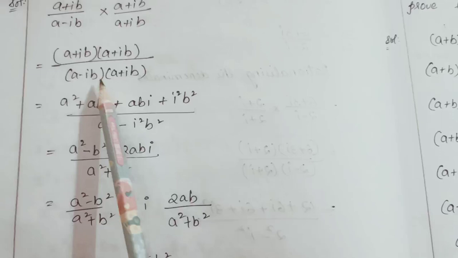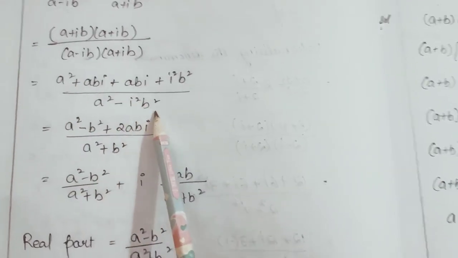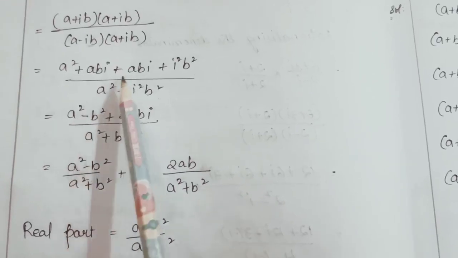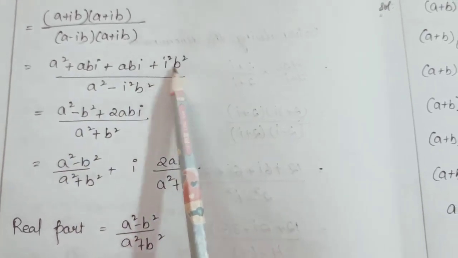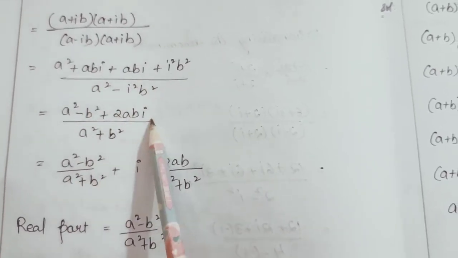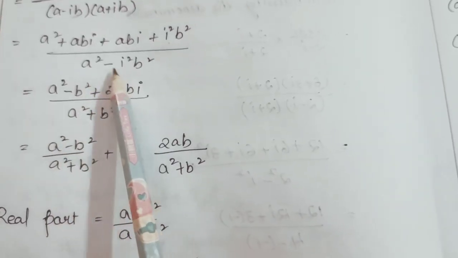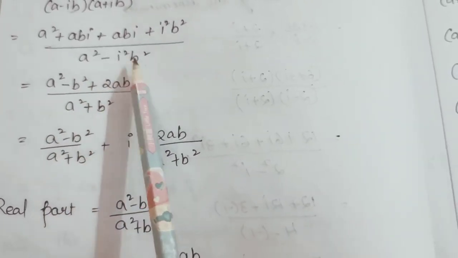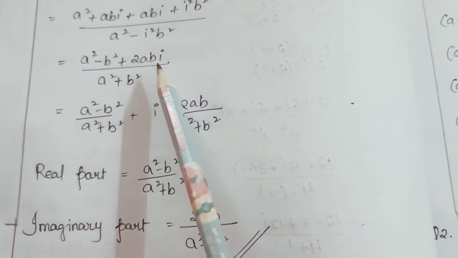A square minus, in place of b we have ib, so ib whole square, that is i square into b square. I square is minus 1, so minus into minus will become plus, so plus b square. The numerator: a square minus b square plus 2abi.